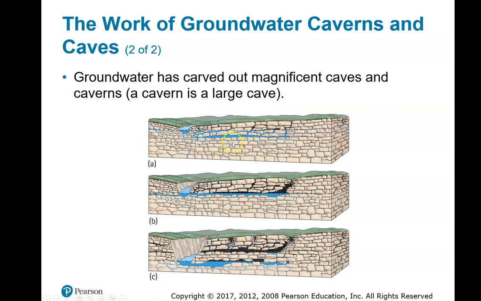There are other ones, like Carlsbad Caverns. Anytime the carbonic acid takes away some of the limestone and leaves these huge caverns, that's what we're talking about.